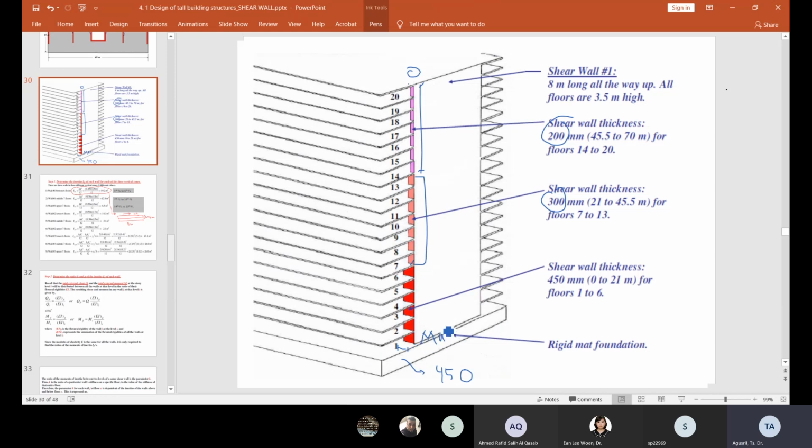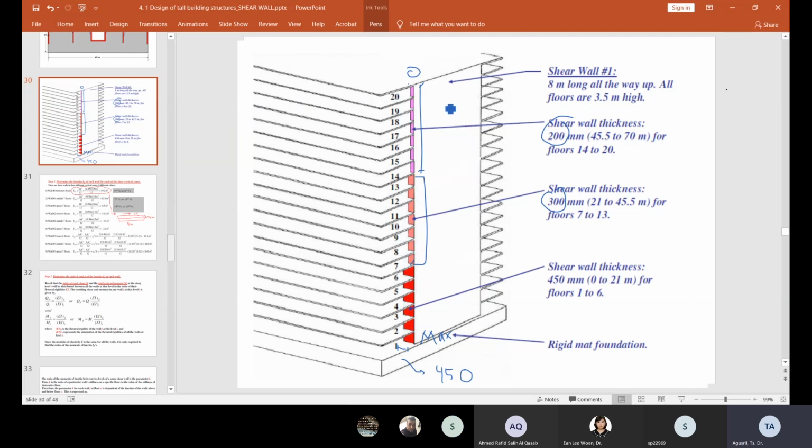In order to cater for this moment, the thickness of the wall at the ground floor is thicker compared to the rooftop. Any question until this slide? No, doctor, clear.